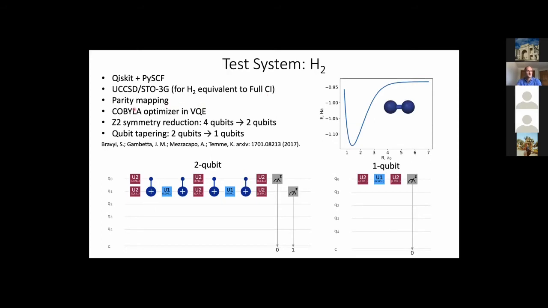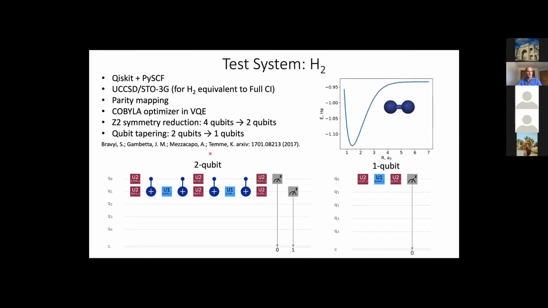We use the parity mapping, which allows us to take advantage of the symmetry and reduce the number of qubits required for a calculation from 4 to 2. So 4 is the number of spin orbitals, and it maps to 4 qubits. Using symmetry, we get a 2-qubit system.